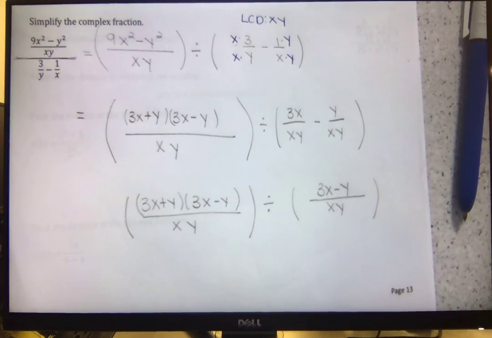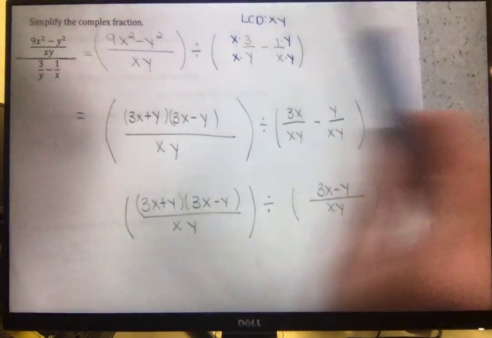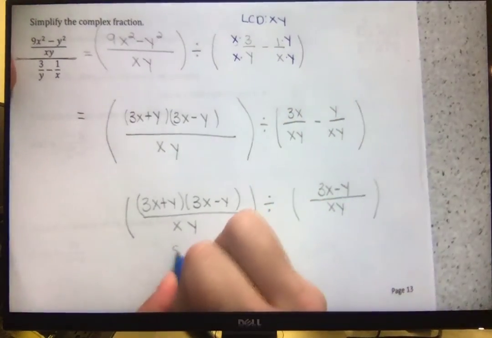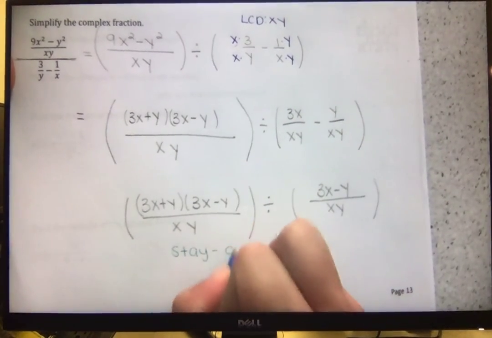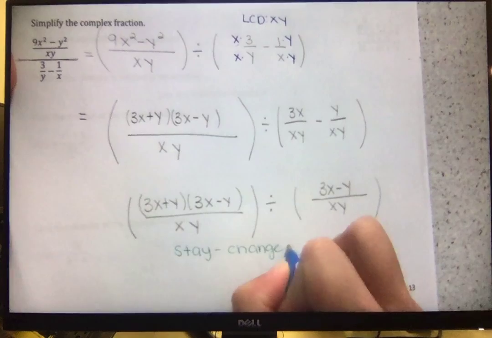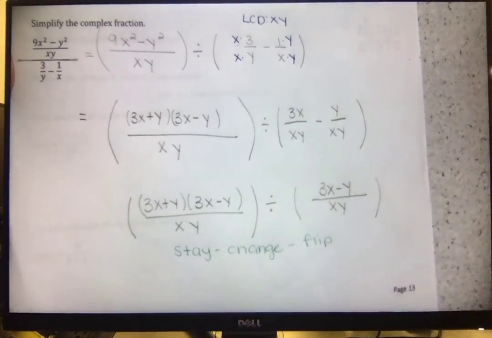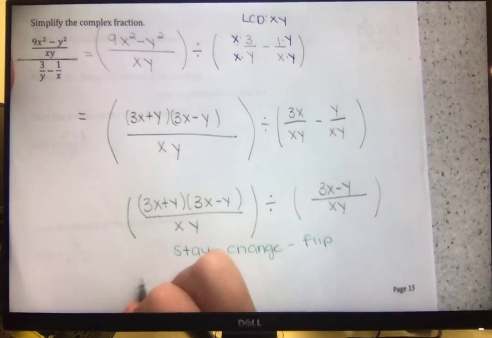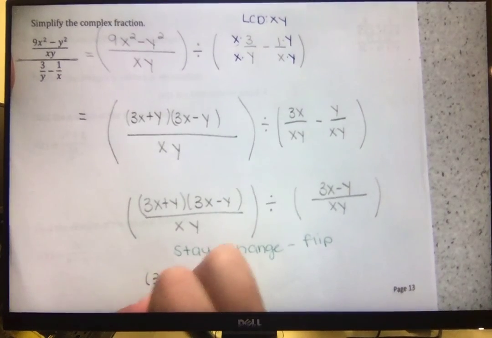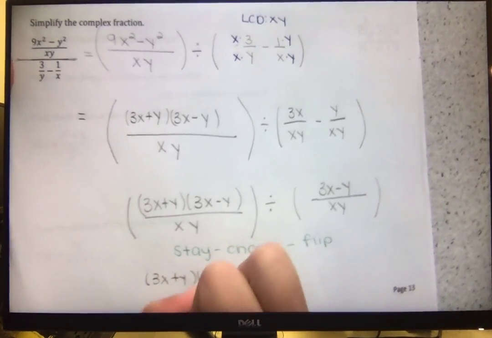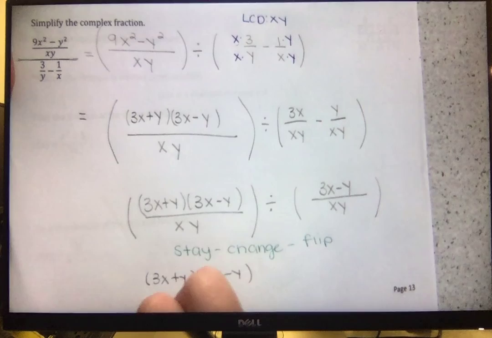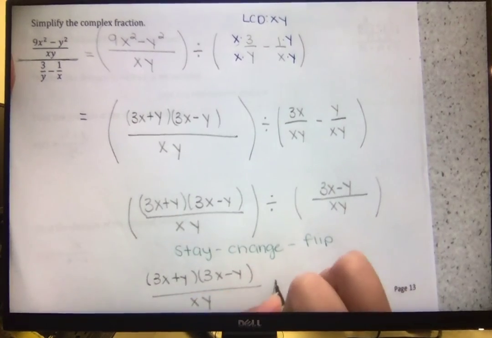So let's go ahead and divide these two. Let's stay, change, flip. Our first fraction staying the same: 3x plus y times 3x minus y all over xy.